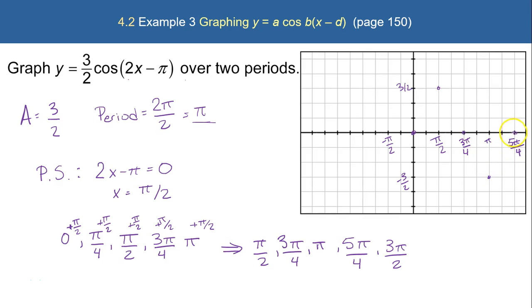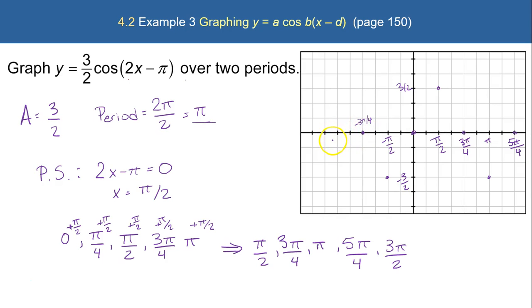So x-axis, bottom number here, the lowest in your range, and then x-axis, highest in your range, x-axis, lowest in your range. So here. And then keep on going. This will be negative 3 pi over 4 right here. Be at the x-axis again.